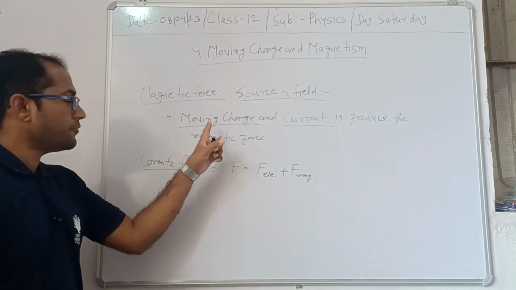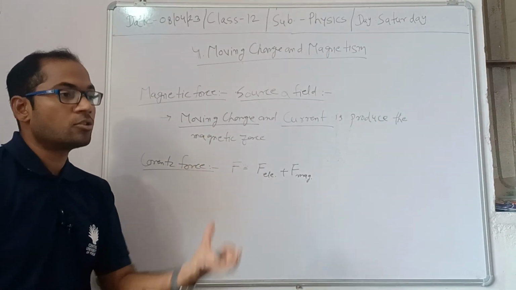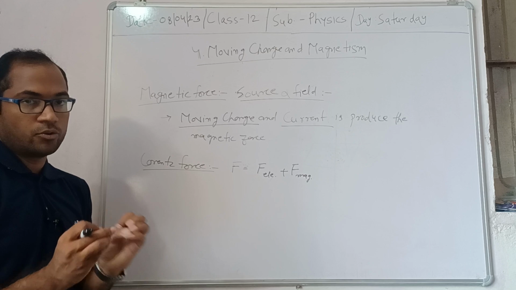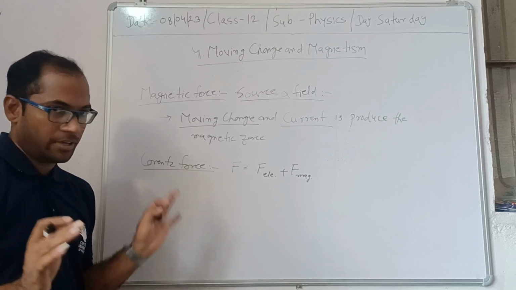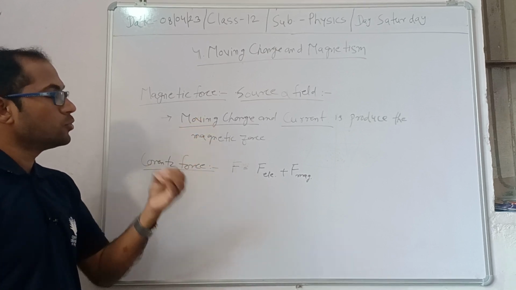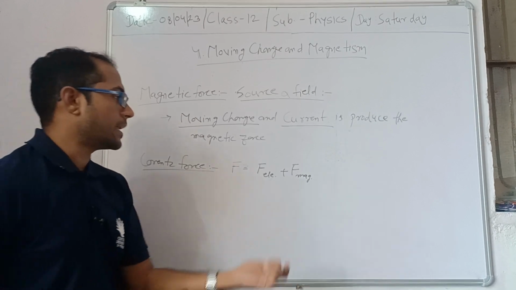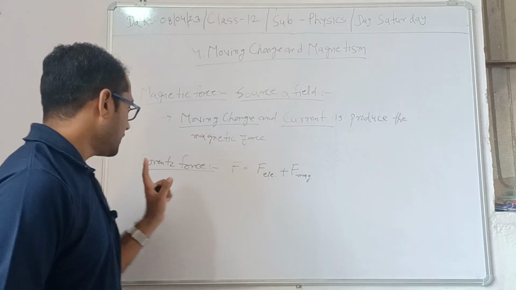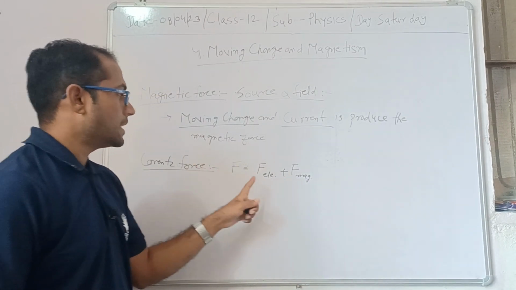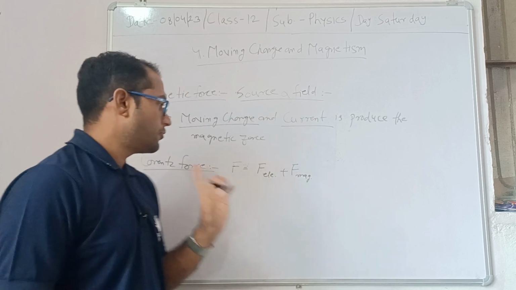Whether a charge is stationary or moving, it always produces an electric field, but if the charge is moving, it also produces a magnetic field. So the Lorentz force is basically the sum of the electric and magnetic forces.